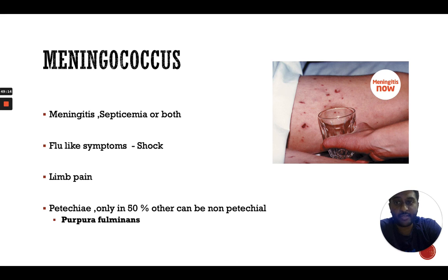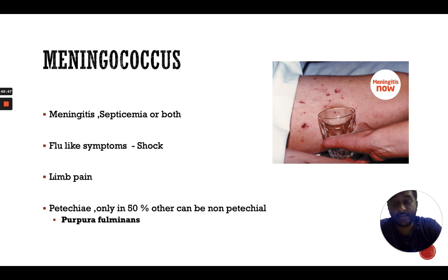They can present with just flu-like symptoms, cough, runny nose, all the way along the spectrum to presenting with shock. Children can present with just limb pain, which is apparently not an uncommon presentation of meningococcus. If you suspect meningococcus, these patients need to be observed in the hospital.